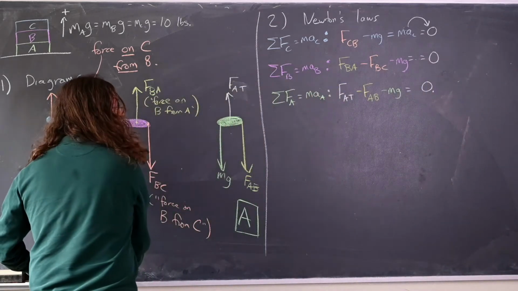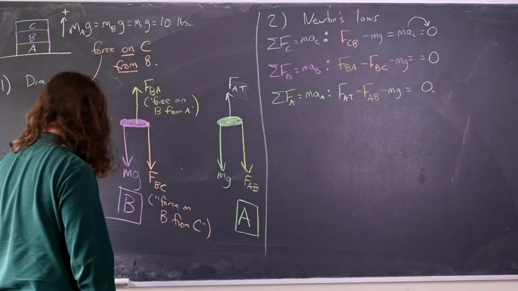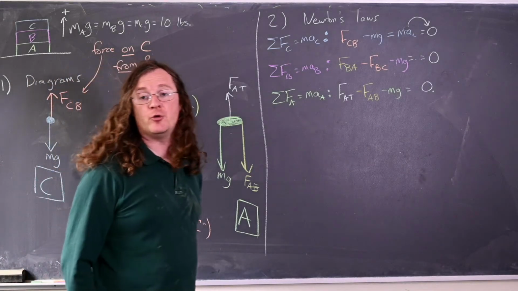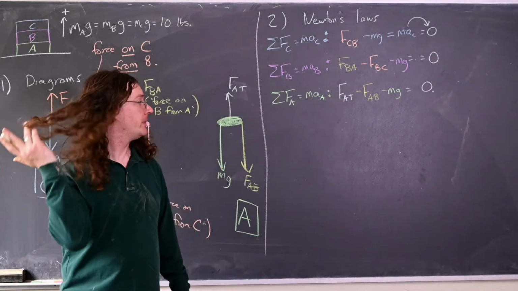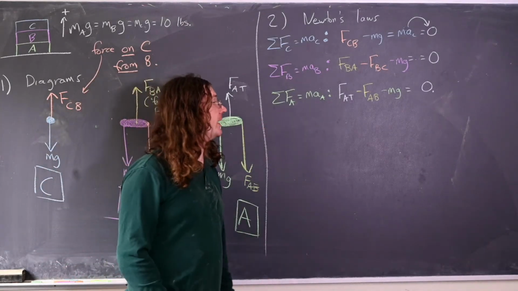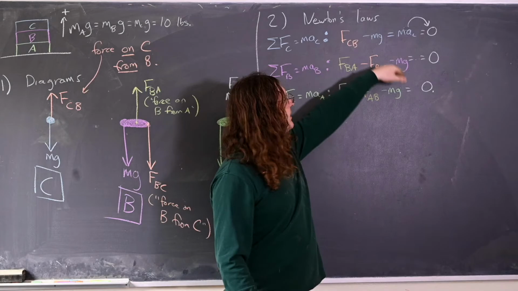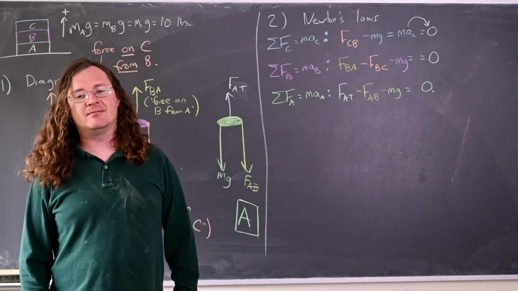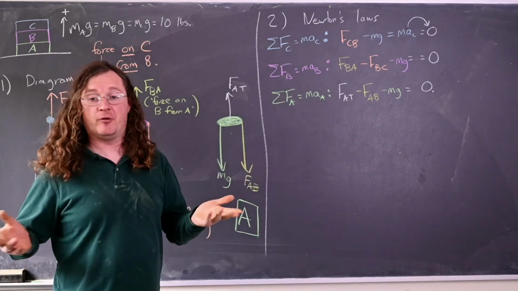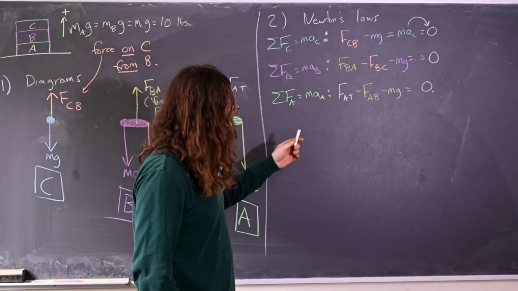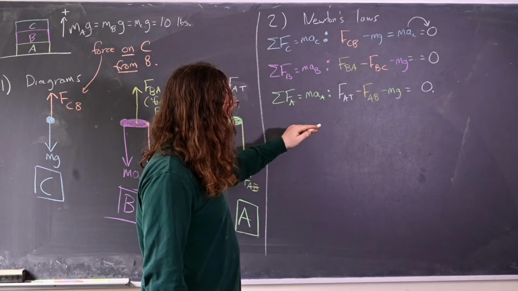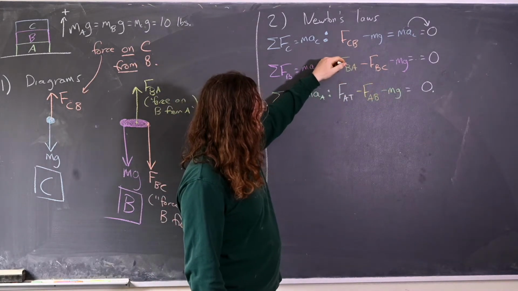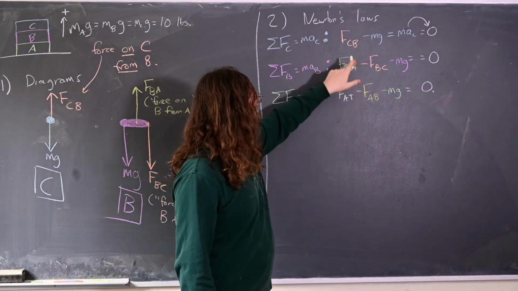And after you write down your equations, it's always a good idea to take stock and look at what you know and what you don't know. How many unknowns do you have? Now, I've written mg in 3 different colors here for the 3 different objects, but we know they're all the same. We know all of the books have the same weight. But notice that I have 5 unknown normal forces.